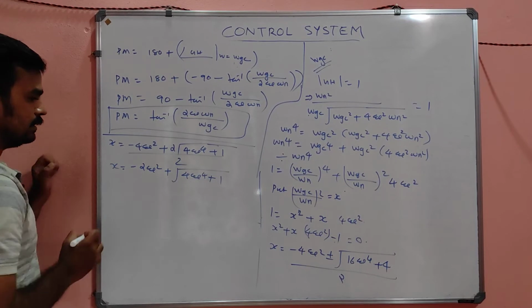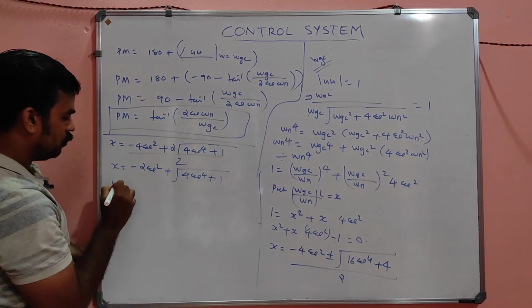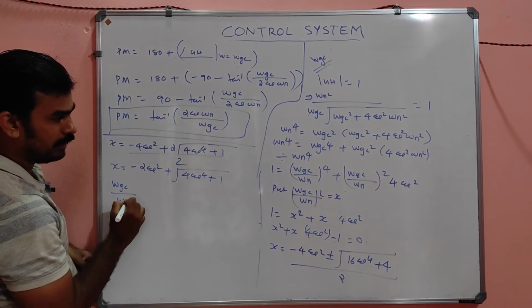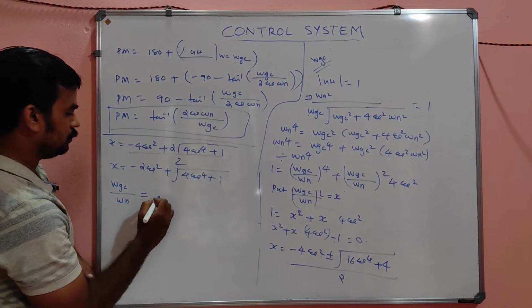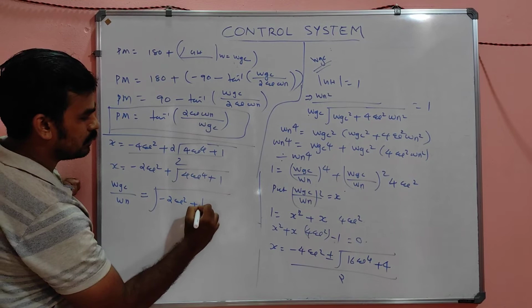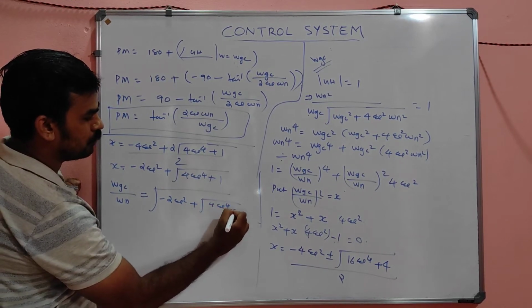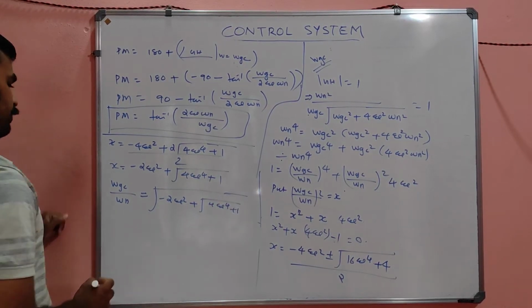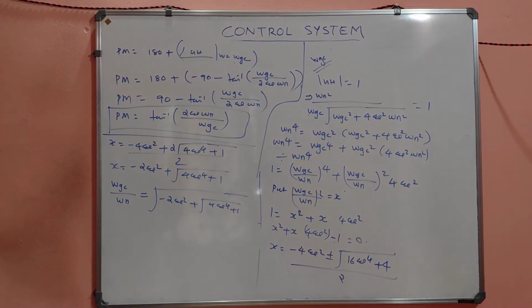So that is what x is. Or I can say that omega gc divided by omega n is equal to minus 2 theta square plus root of 4 theta raised to 4 plus 1.